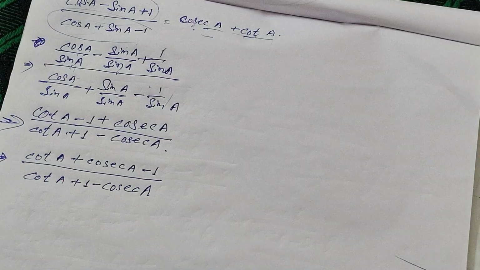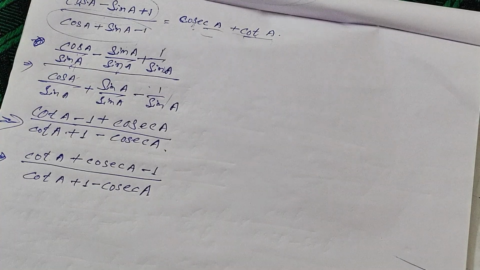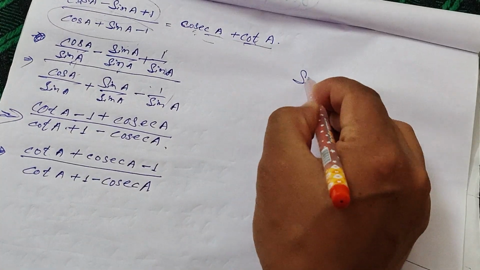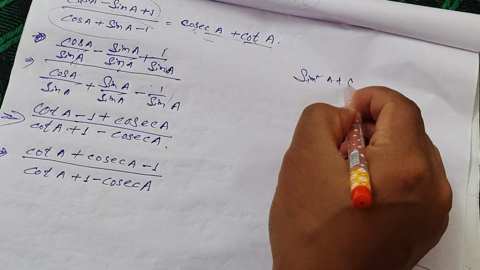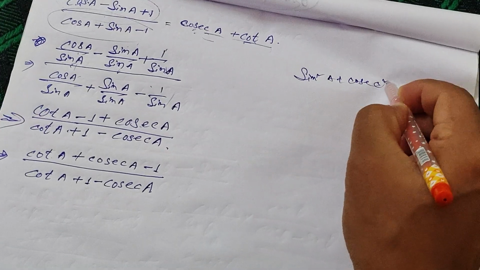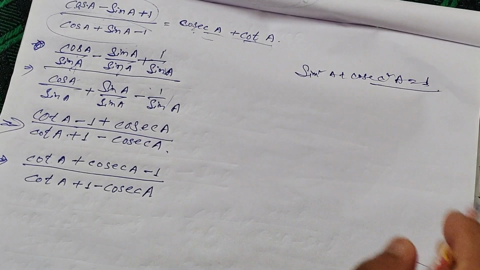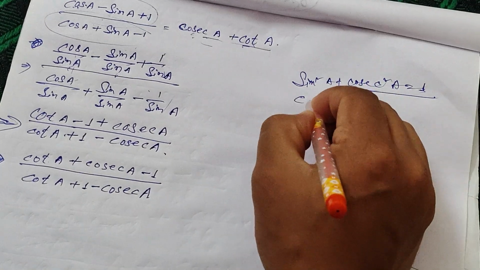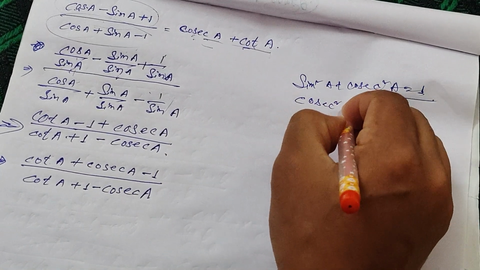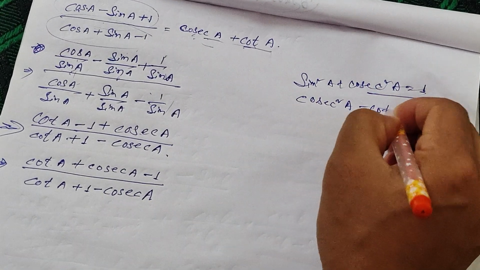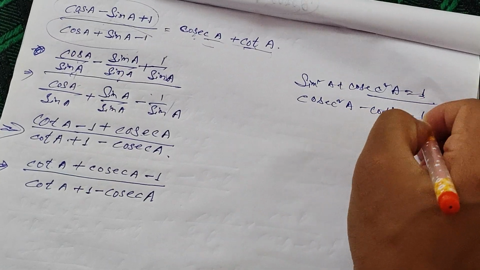Now we know one identity: cosec square A minus cot square A equals 1.